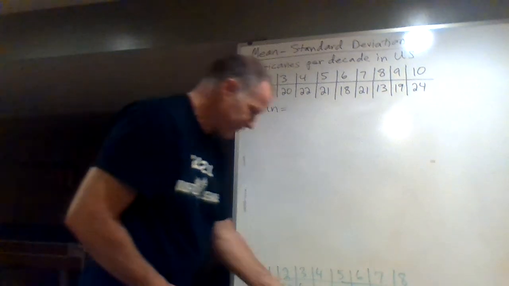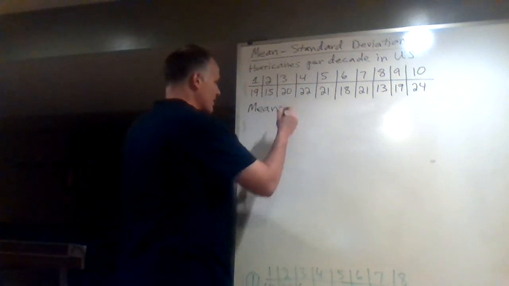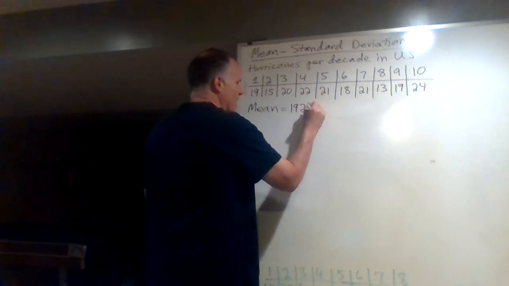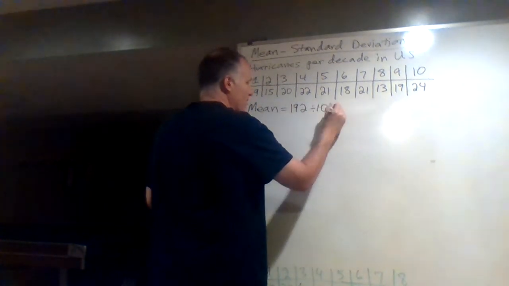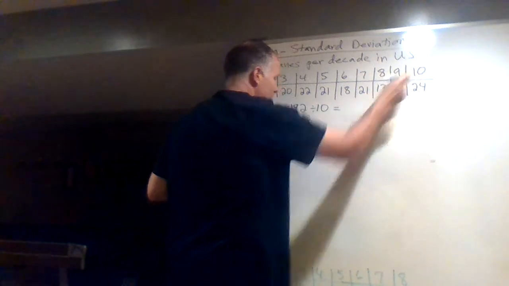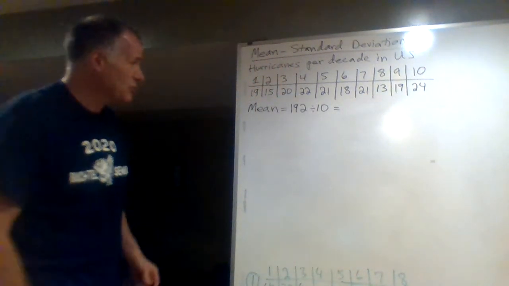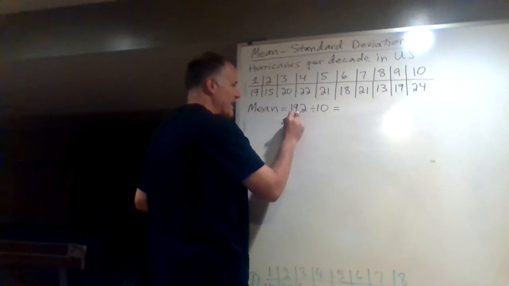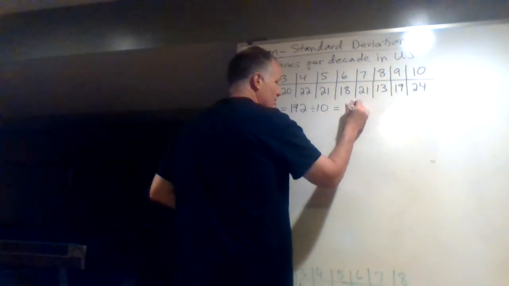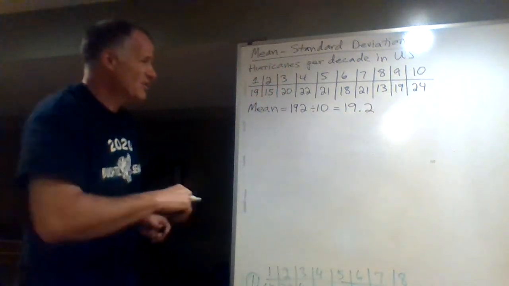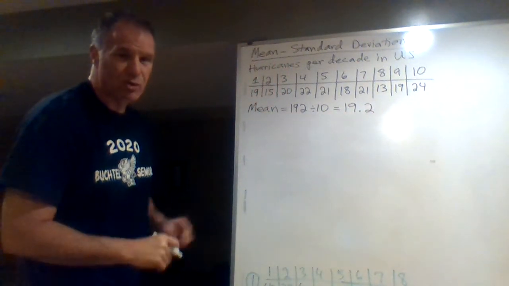Total up: 192. Remember, like an average, you divide by the number of numbers. There's 10 decades, so divide by 10. Now this one I can do in my head. Remember, guys, a little shortcut: dividing by 10 just moves the decimal. So 192 becomes 19.2.